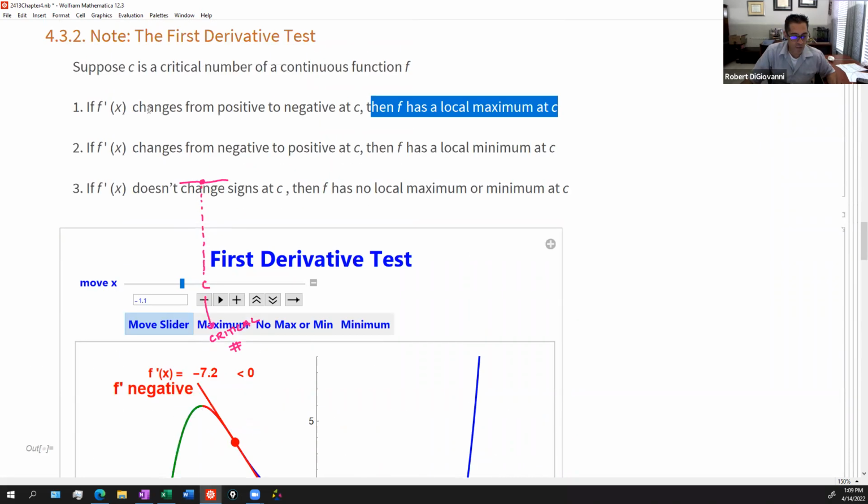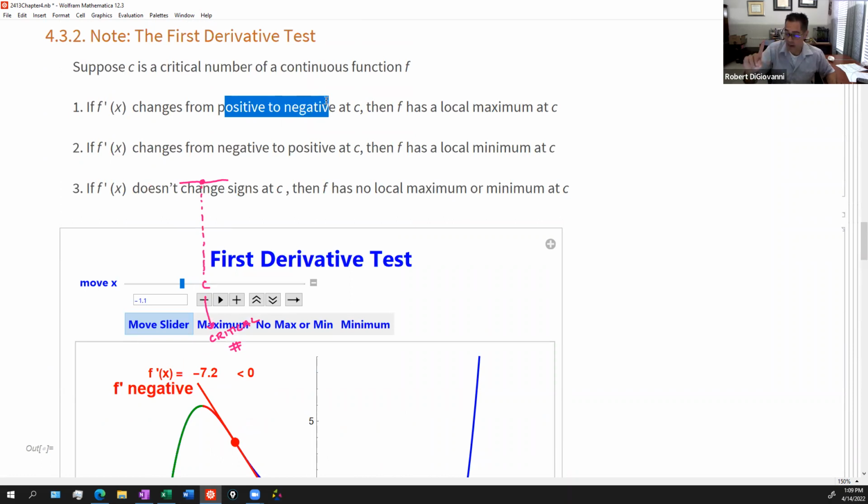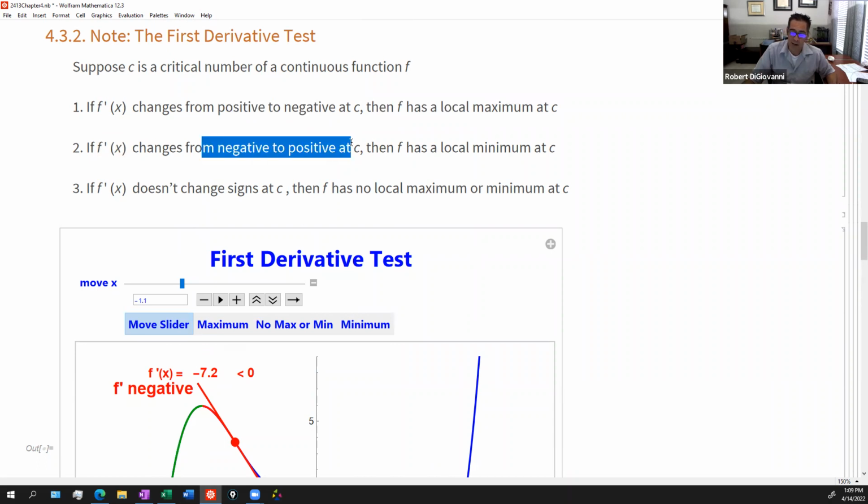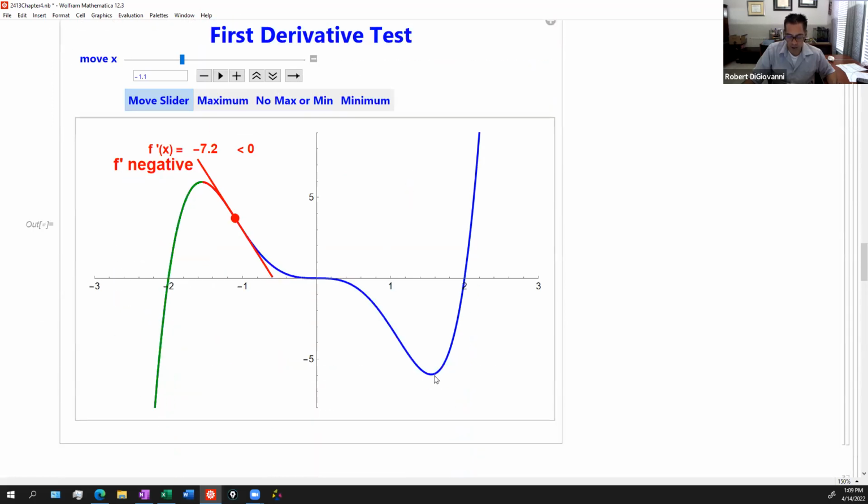If you change from positive to negative on the derivative, then you have a local maximum at that point. On the other hand, if you have a critical number and your derivative changes from negative to positive at that point, then you're looking at a local minimum. So that would be this point over here on this side.